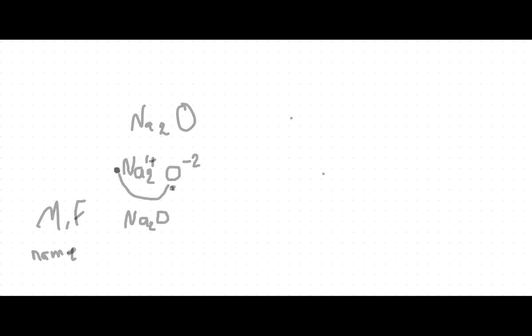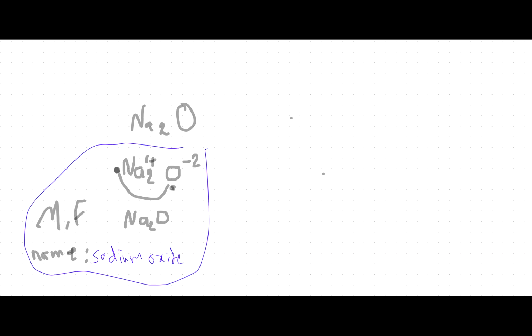Who will tell me the name? Sodium oxide. Yeah, it's sodium oxide. Very good. So this is a different part. But when we want the ionic bond, we don't need this. This is another question, the molecular formula and the name. When he asks you about ionic bond, you just have to show the sharing.